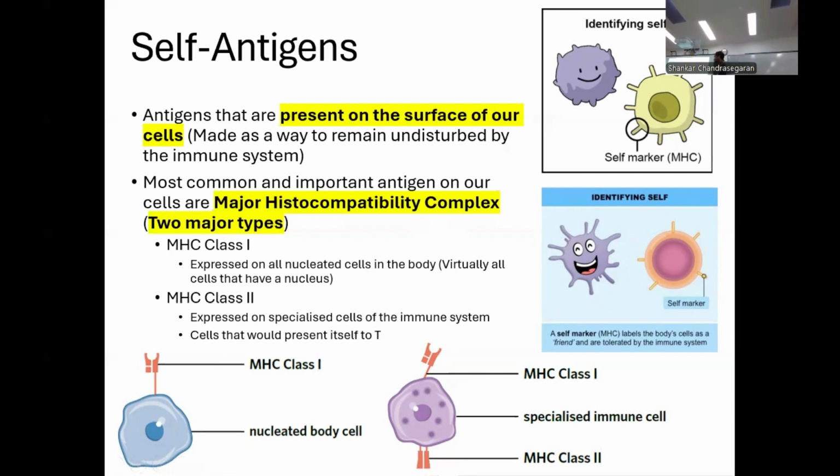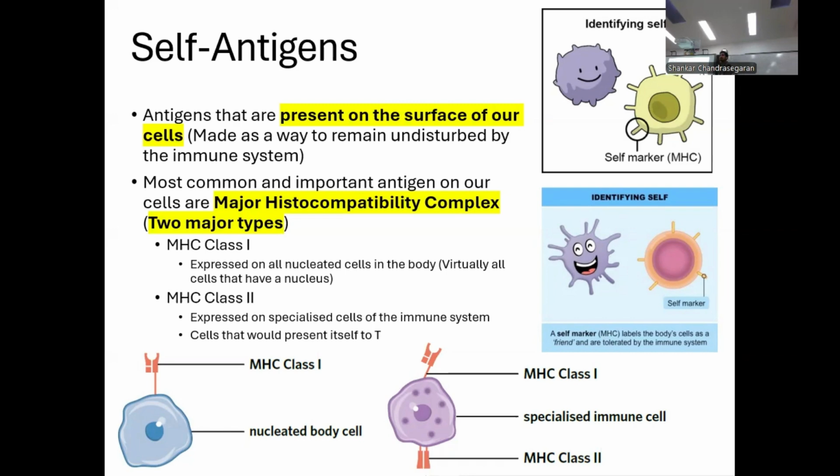The MHC class 2 markers, on the other hand, are a bit different. They are used specifically on specialized cells of the immune system, which use this marker to present pathogen antigens to the immune system.